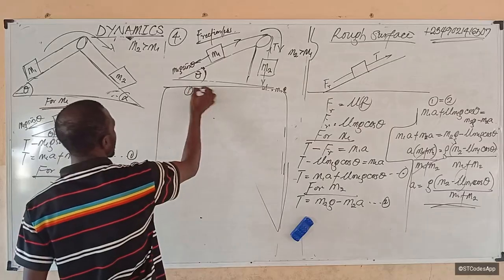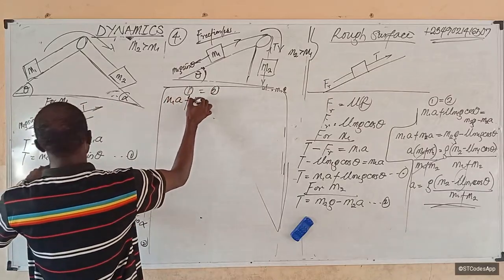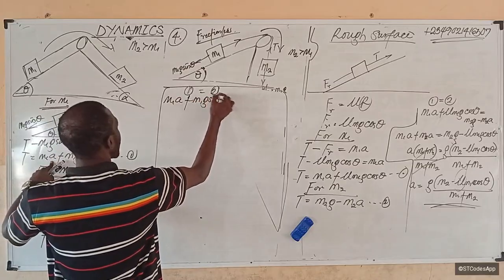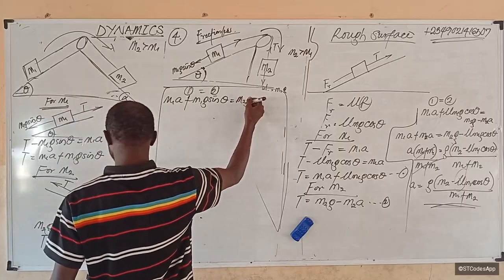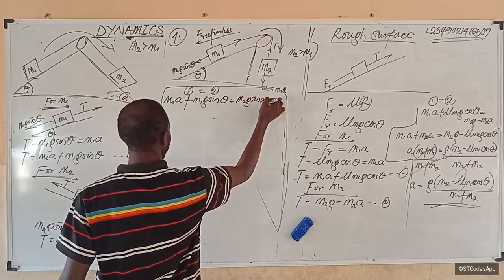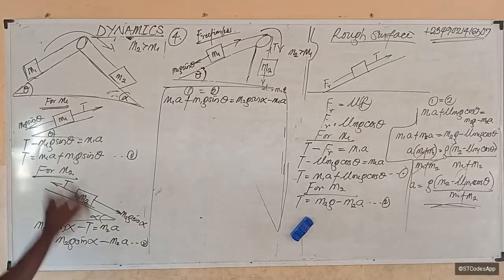By the time you equate 1 and 2, what will happen? M1A plus M1G sine theta is equal to M2G sine alpha minus M2A. Is this clear now?